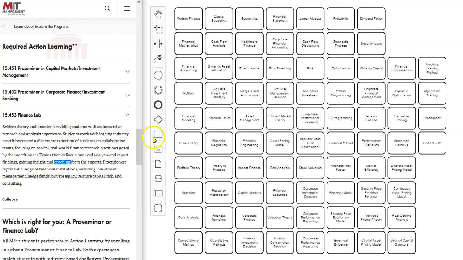Now here's another word we haven't talked about. We've talked about financial management, but we haven't actually used the word investment management. So let's add that. And another word that popped up was hedge funds.